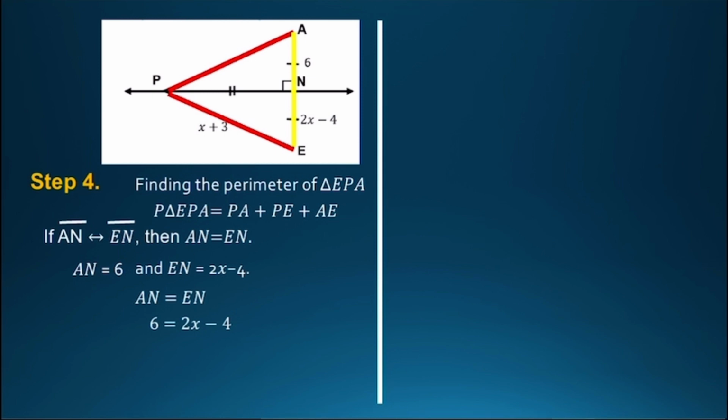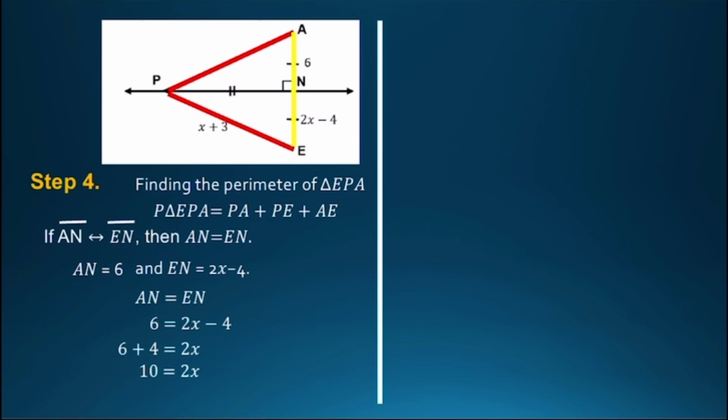Let's combine similar terms. So we're going to transpose negative 4 to the left side, and it will become positive. So it will become 6 plus 4 is equal to 2x. 6 plus 4 is equal to 10. And we have now 10 is equal to 2x.